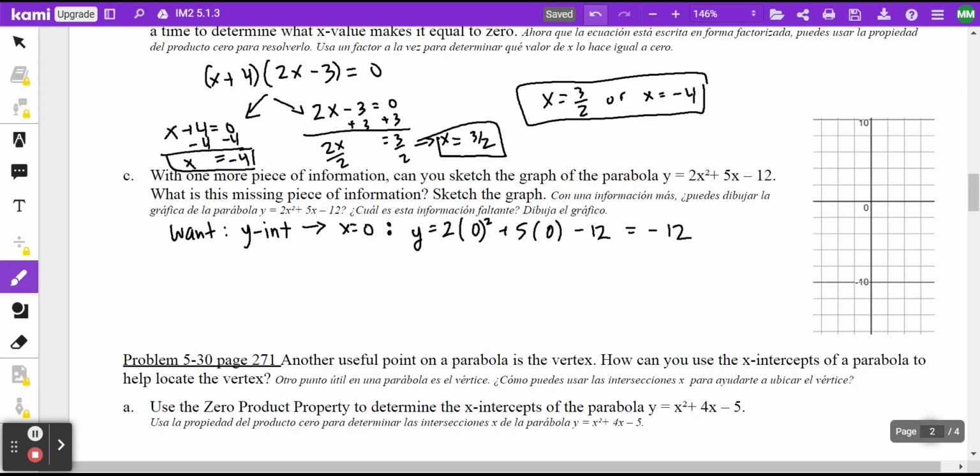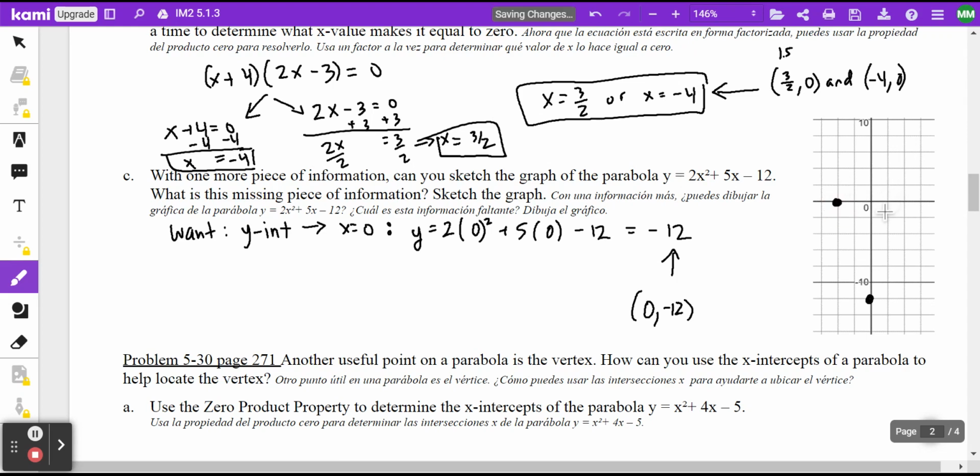All right. So from our y-intercept, we know that the point 0, negative 12 is on the graph. And from our x-intercepts, we know that the points 3 over 2, 0, that's 1.5, and negative 4, 0 are on the graph. Let's plot those. Okay, we've got 0, negative 12. I'm going to have the x-axis count by 2 just because the y-axis counts by 2. So let's see, negative 4 right here.